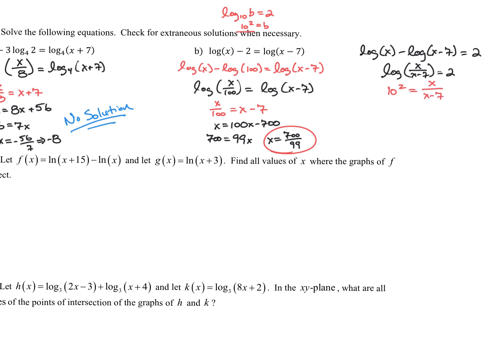So what is 10 squared? 100. And so now I'm going to multiply 100 with what? x minus 7. And so then I'd end up with 100x minus 700 is equal to x. And now we are the same. All right? And so then we'd end up solving, we'd get x is equal to 700 over 99.